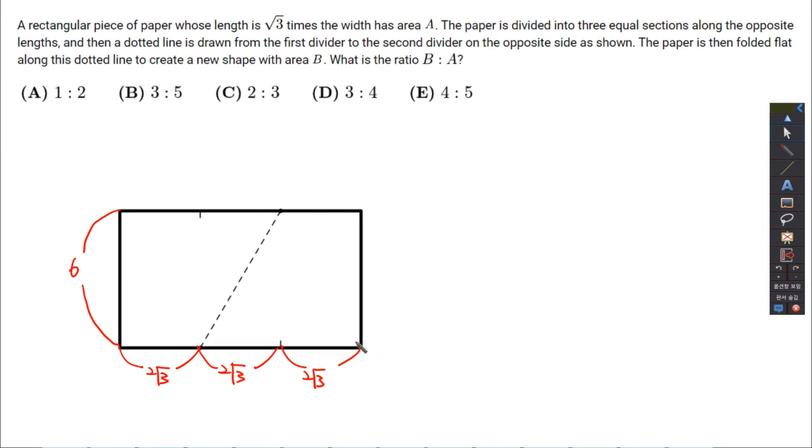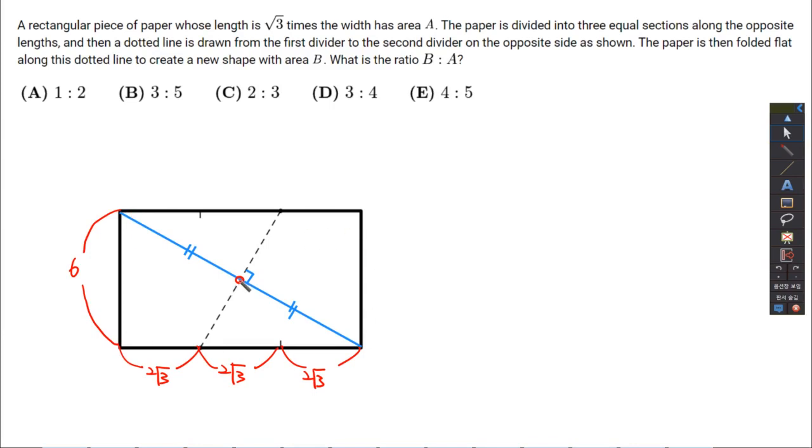So when we fold this rectangle using this crease, this crease will be the perpendicular bisector. After this point moves to the other side, like this, perpendicular bisector means this one should be perpendicular and these two lengths should be the same, because this point is the center of the rectangle.